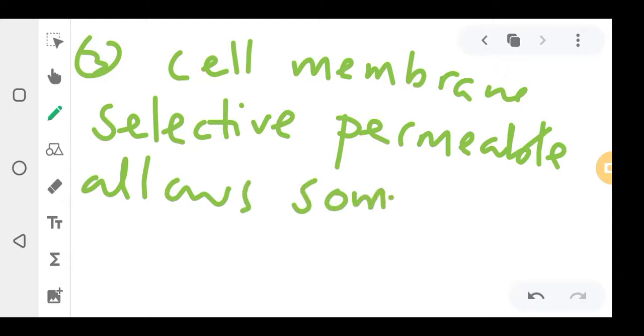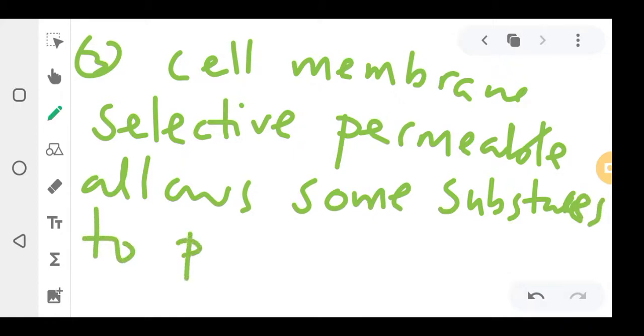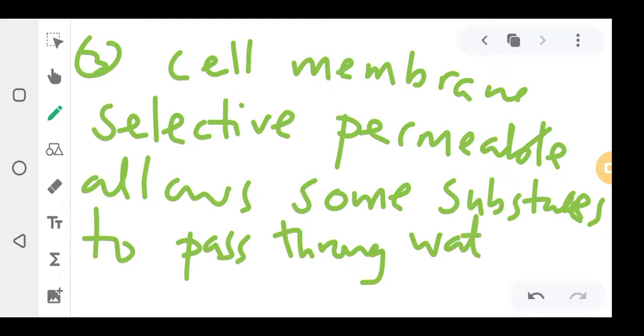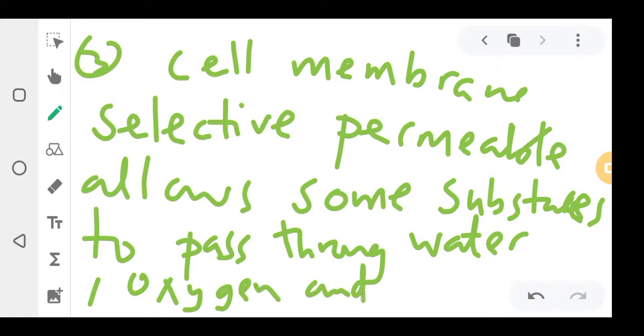some, not all, substances to pass through. These substances include water. It can allow water, it can allow oxygen, and even carbon dioxide.